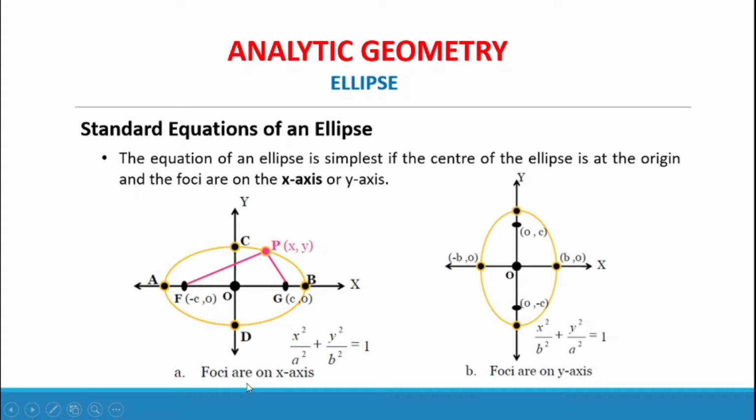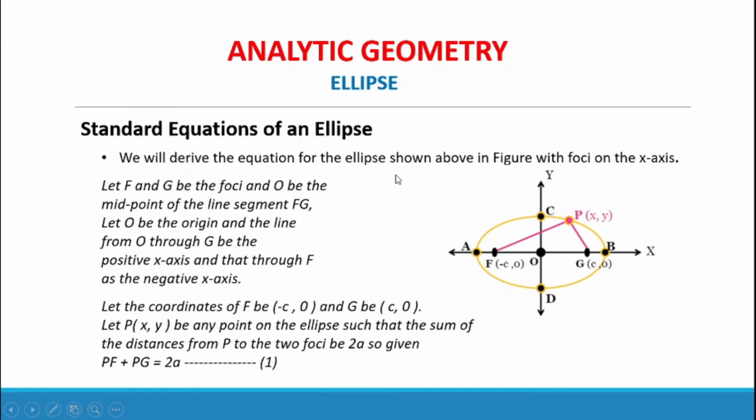For foci on the x-axis, that's point F at negative c comma 0 and point G at c comma 0, the formula is x squared over a squared plus y squared over b squared equal to 1. And if the foci are on the y-axis, the formula is x squared over b squared plus y squared over a squared equal to 1.